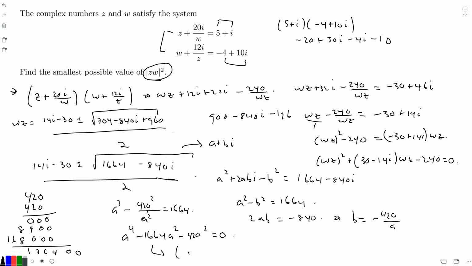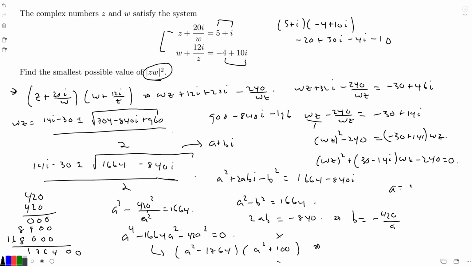This factors as follows: a squared minus 1764 times a squared plus 100. Now a cannot be imaginary, therefore the second factor is not possible. Therefore a squared is equal to 1764. So that means a will have to be equal to 42.